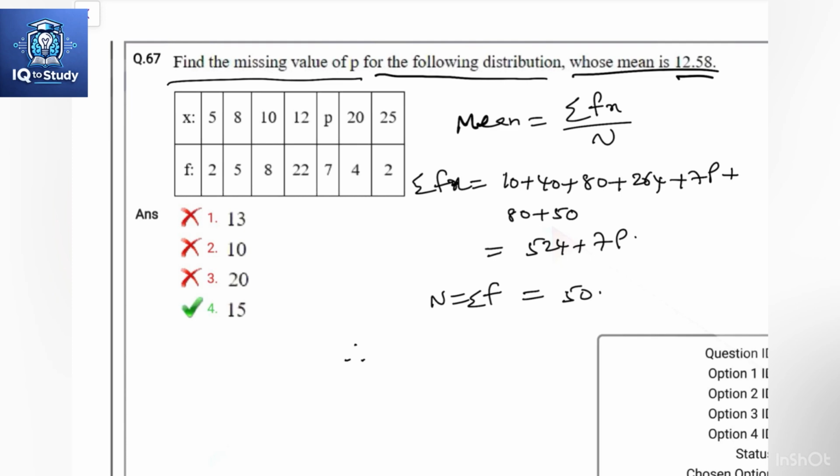So by the formula, mean which is 12.58 is equal to sigma fx, which is 524 plus 7p, by sigma f, which is n, equal to 50.